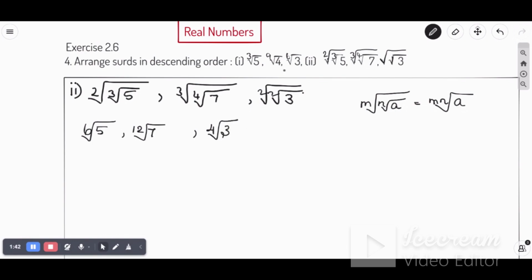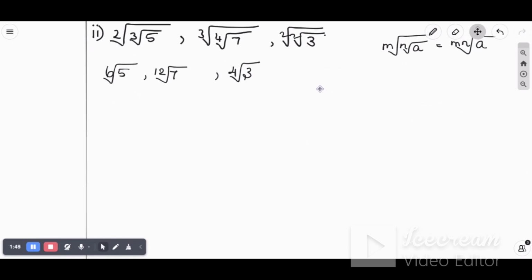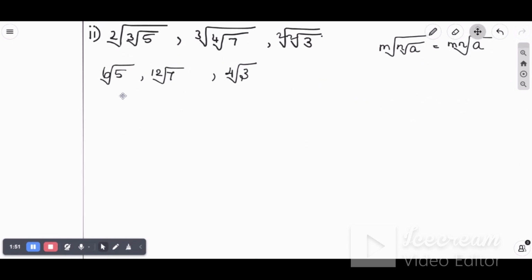Now this is same as our previous question. So what will be our next step? Do you remember? Yes. Write it in fraction form, or take the orders to the top. So let us take our orders to the top. 5 power 1 by 6. And then this will be 7 power 1 by 12.